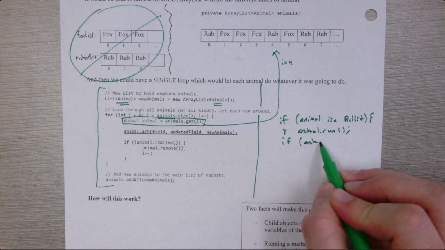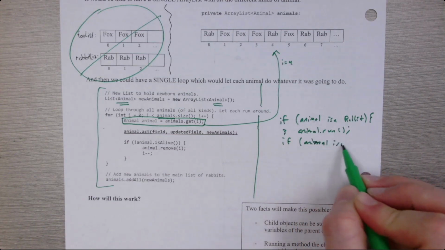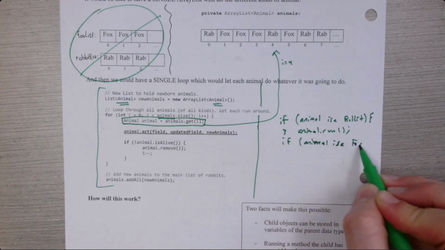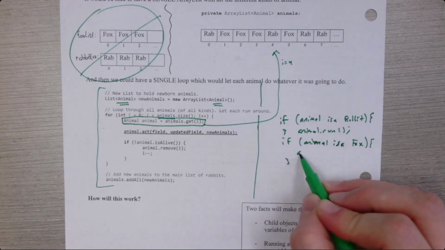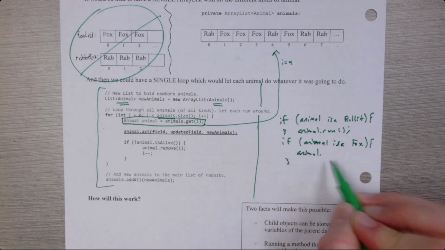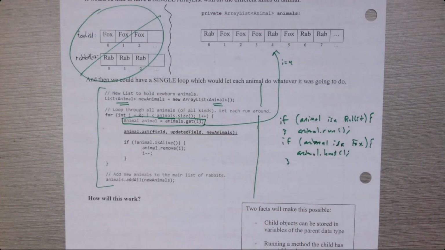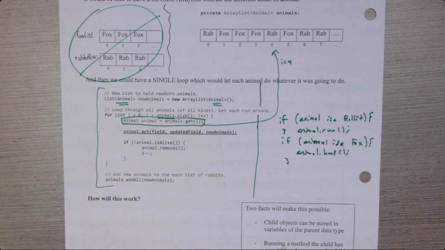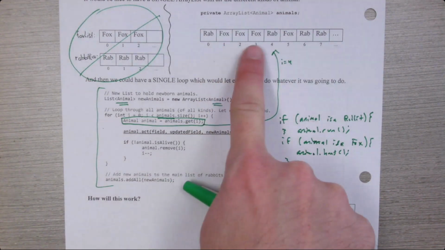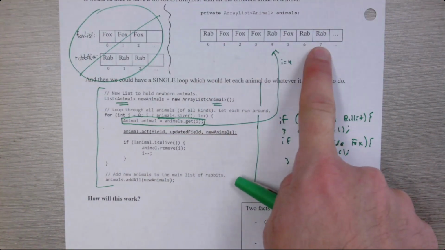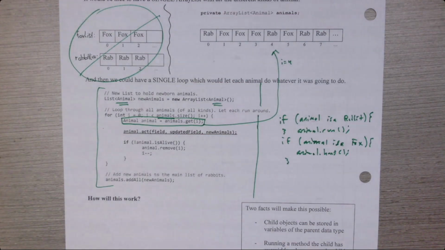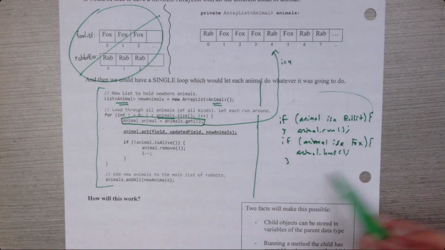If animal is a fox, then let's run the fox method. And I'll say animal.hunt. So it doesn't really seem like we've saved a whole lot of code because we still need to test what kind of thing do we have and have it either run or hunt or whatever its special method is. So we're not going to do that.